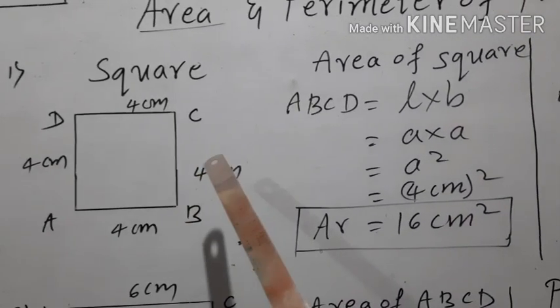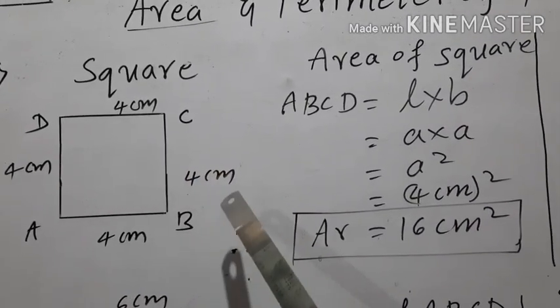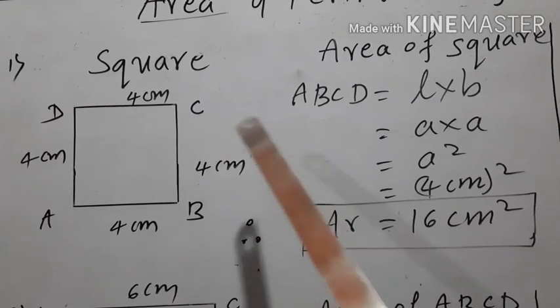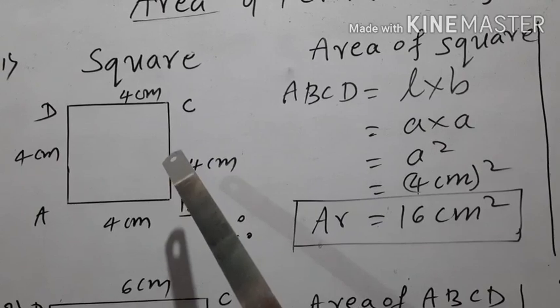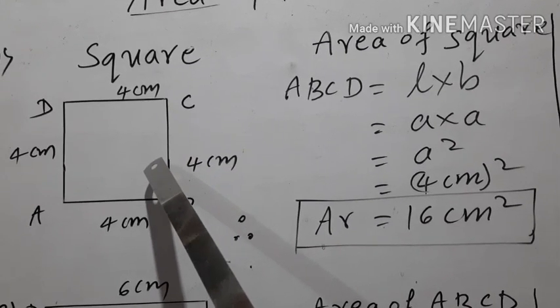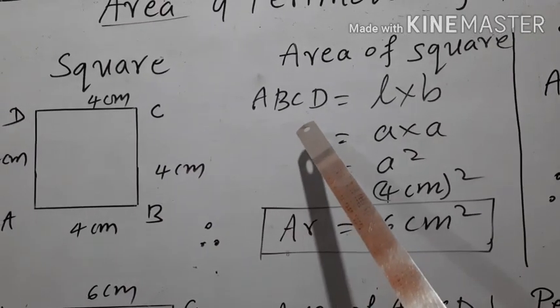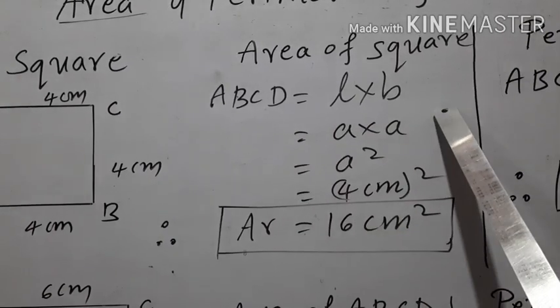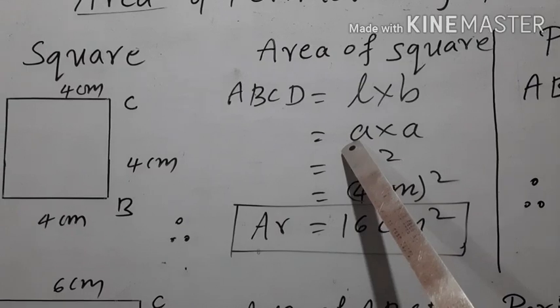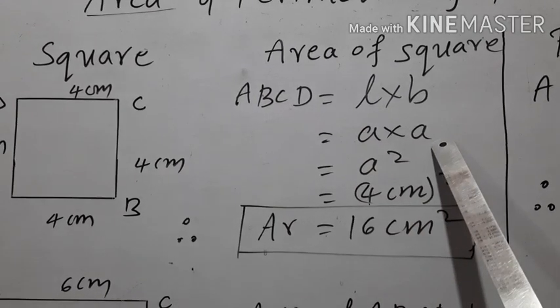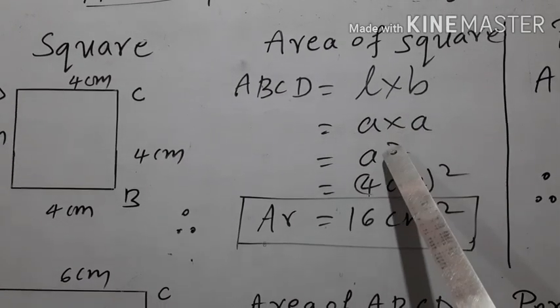See here, a square is a quadrilateral with all four sides equal, right? If you would like to find the area of the square, the formula is L into B. That is, both length and breadth are A, so A into A units. A into A is A square.